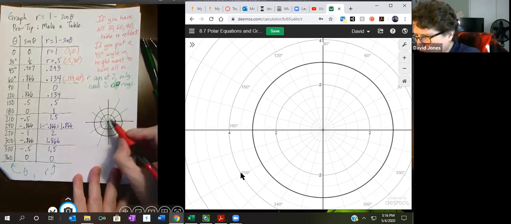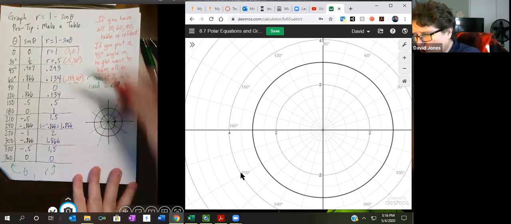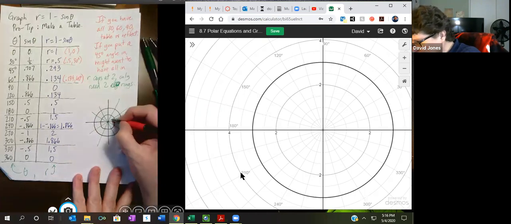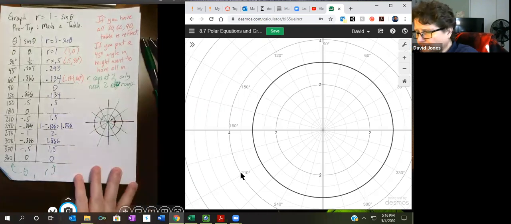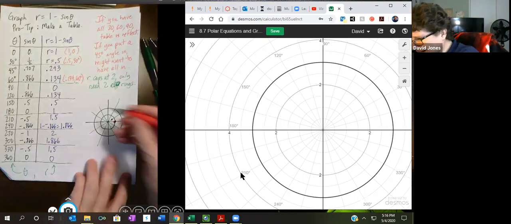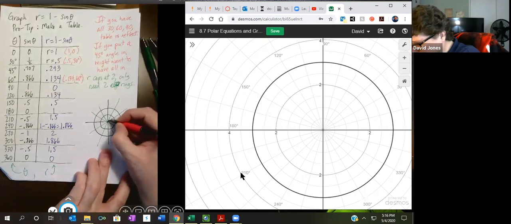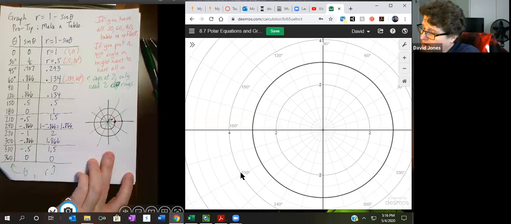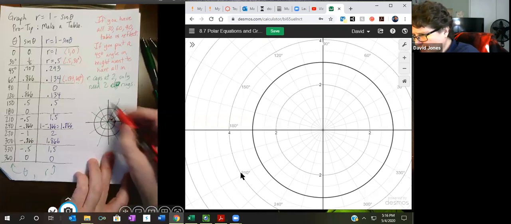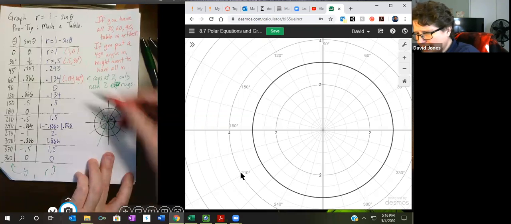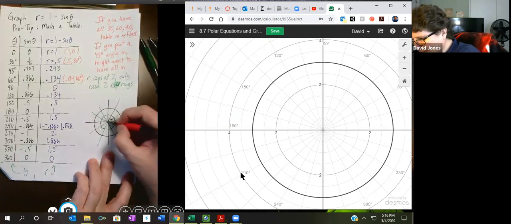When I go to my 30 degree mark, I'm only going out to R equals 0.5. My 45 degree mark's a little bit tighter. 60 is way down close. And when theta equals 90 degrees, I go out 0.